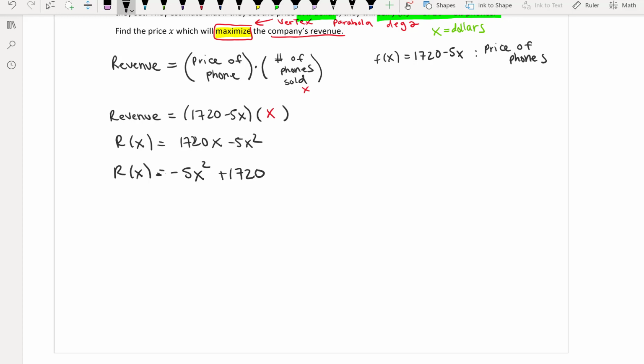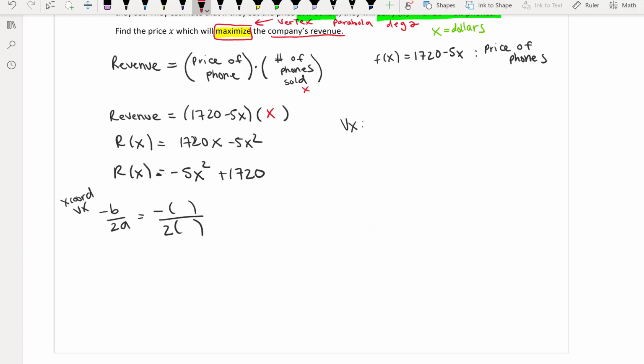Now that I have my general equation, I can tell you the maximum or minimum point by telling you what the vertex is going to be. So if I look at the vertex, I need to figure out negative b over 2a, since it's the x coordinate of the vertex. So I have negative b over 2 times my a.